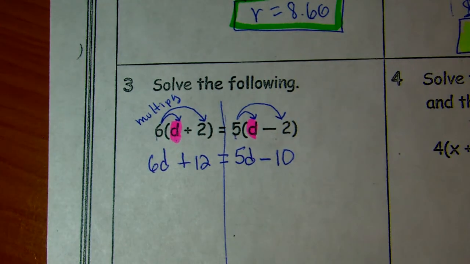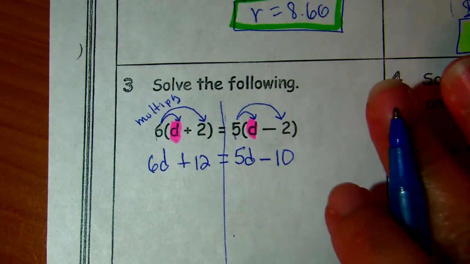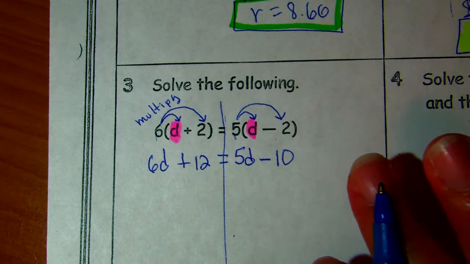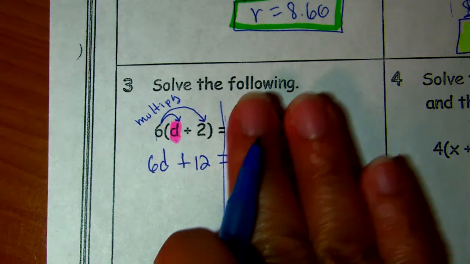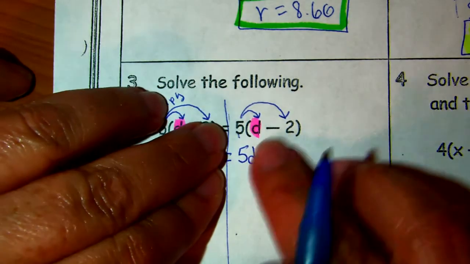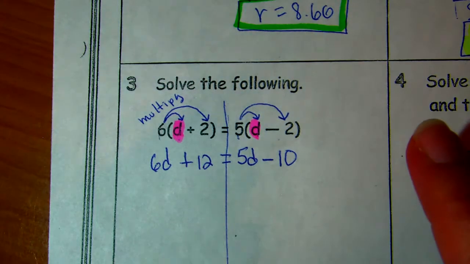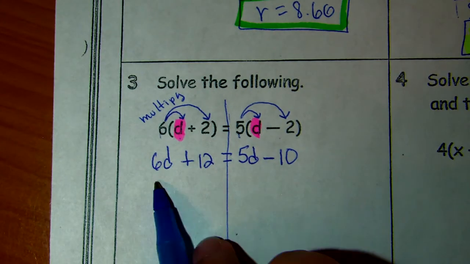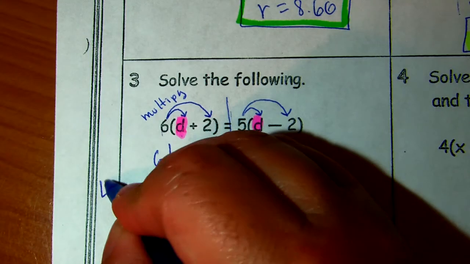All right. Now we already got rid of the parentheses by distributing. Now, do we need to combine like terms here? No. Combine like terms over here? No. Then the only thing left is letters to the left, numbers to the right. I'm going to write it over here.